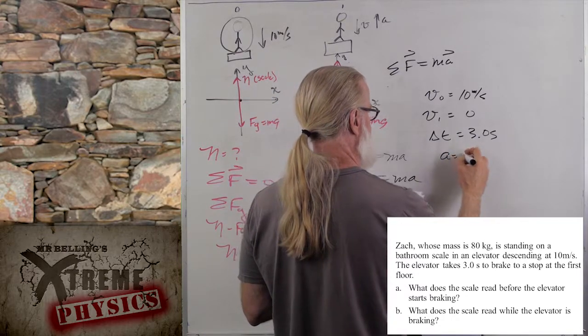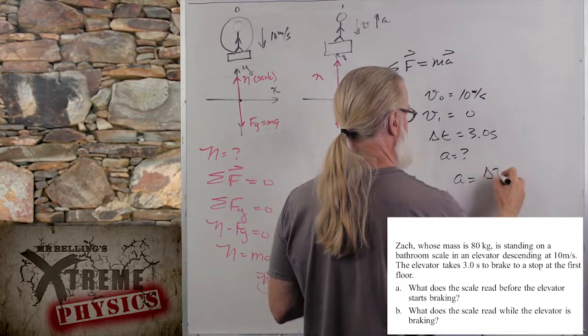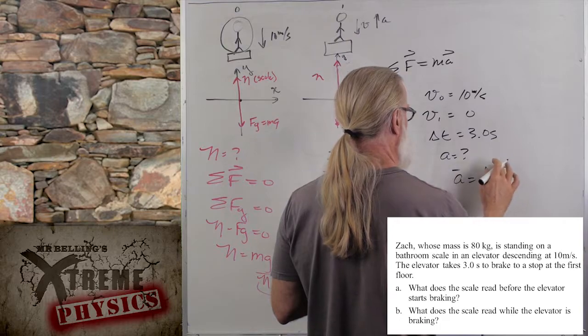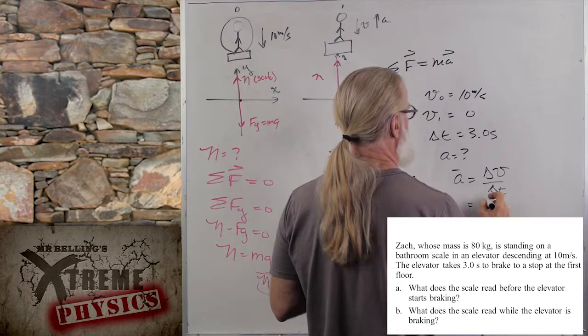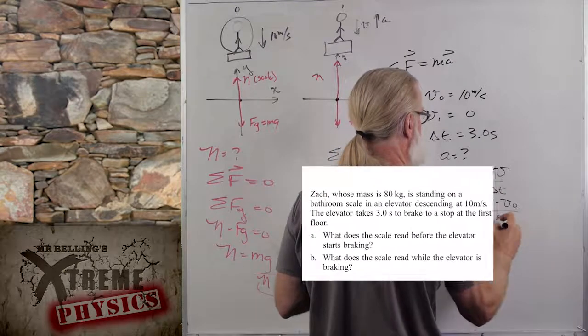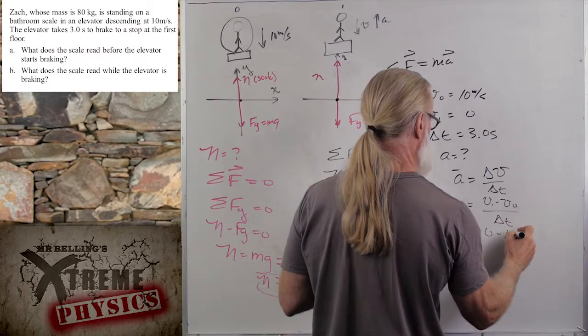So what's his acceleration? Well, that's pretty straightforward. Acceleration equals delta v over delta t, average anyway. So that's v1 minus v0 over delta t. v1 is 0 minus 10 meters per second.